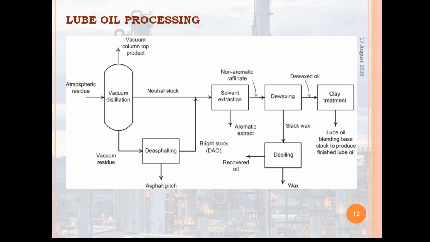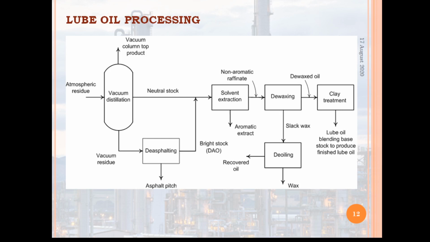So from this vacuum distillation, the vacuum residue goes to the deasphalting process, and there is some neutral stock coming out from the vacuum distillation. So the vacuum residue and the neutral stocks are mainly your vacuum gas oils.